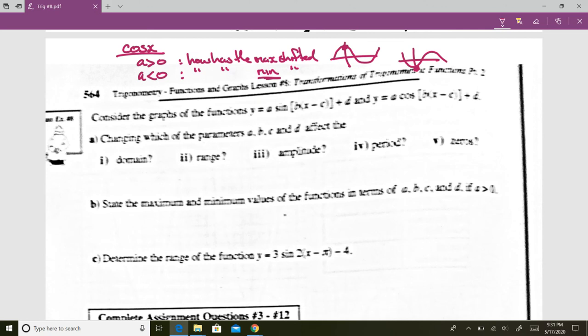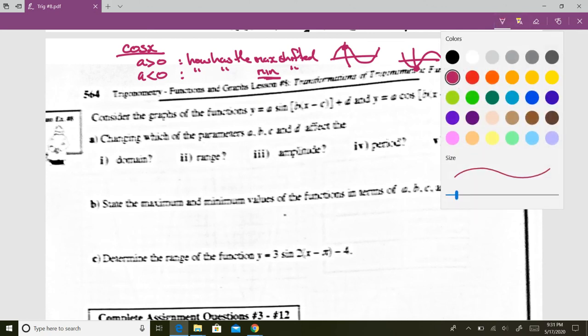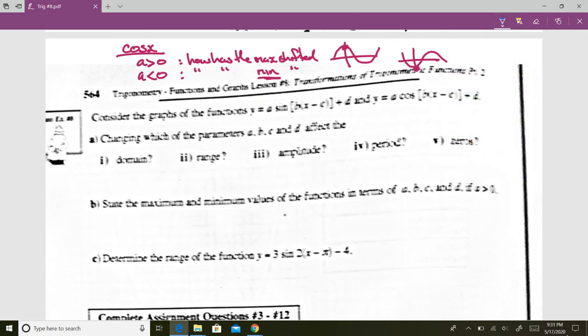These formulas right here are just saying if y is sine b x minus c plus d. And that's the cosine version. Okay. And I'm saying which of these parameters affect the domain.